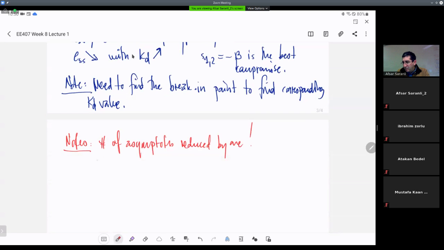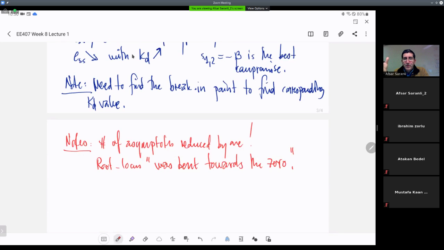Also, in a sense, root locus was kind of bent towards the zero, right? The reason for that is that branches have to end up at the zeros or the asymptotes.